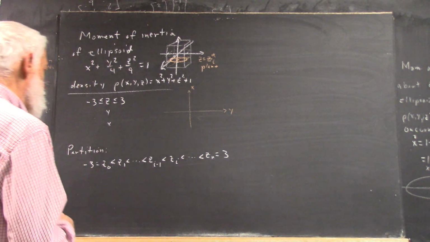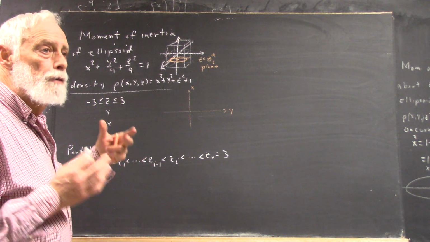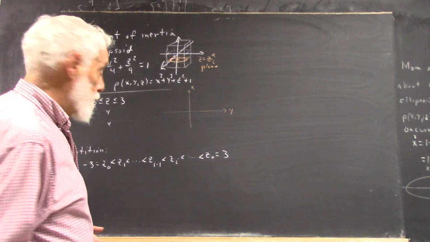Why are we doing this partition? We're trying to find the typical volume increment, okay?